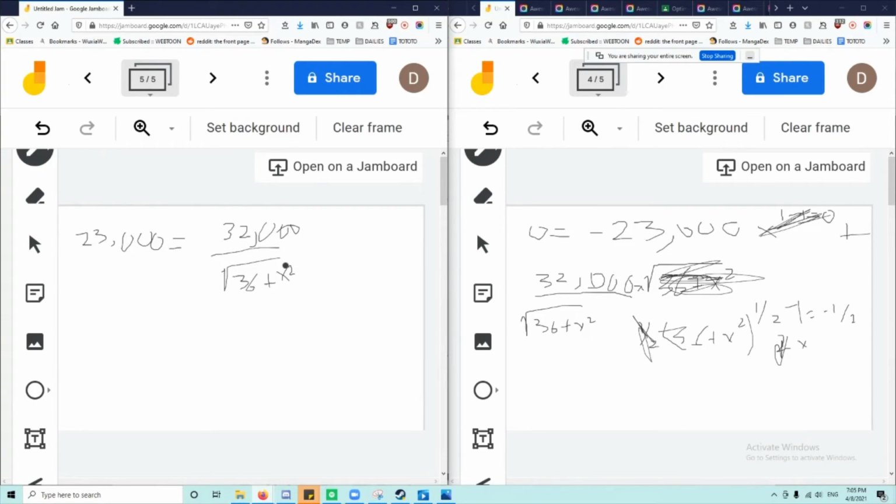And then you can multiply this by that, and then 23,000 divided by 32,000. What you would get is 32,000 divided by 23, because the zeros cancel out, is equal to radical 36 plus x squared, all over x.